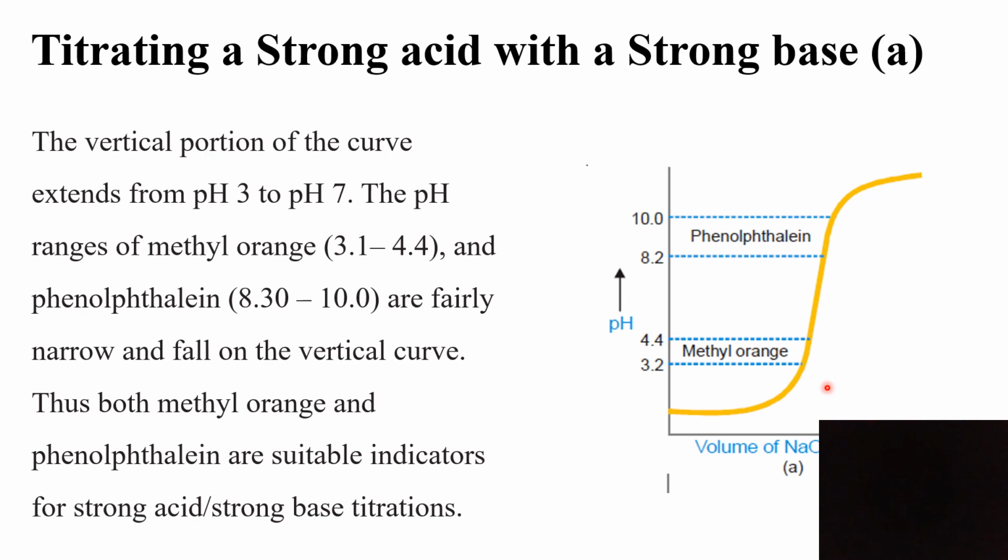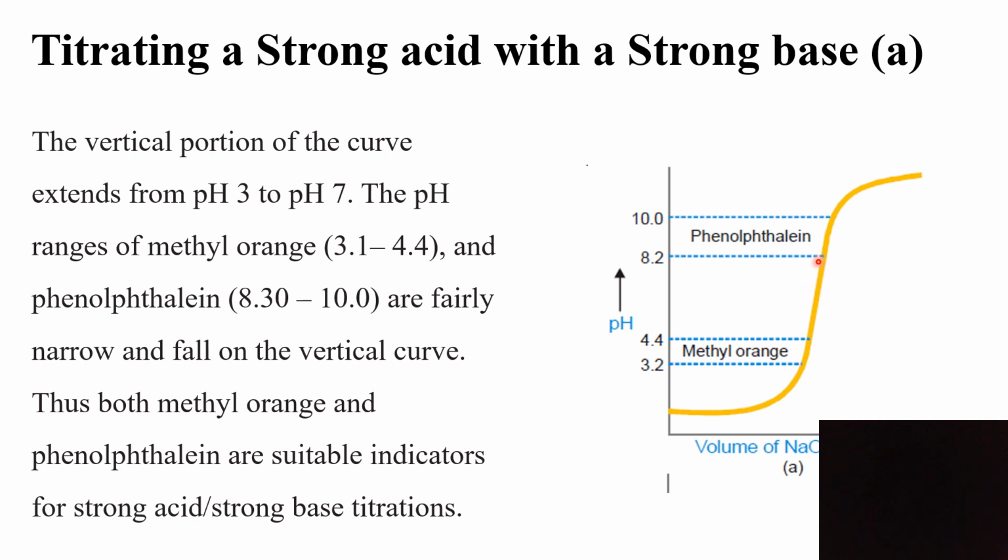Next, when sodium hydroxide is added gradually to the HCl solution, that is, the strong base is added to the strong acid solution, the pH titration curve rises slowly in the beginning. Then near the equivalence point, the pH rises dramatically and the curve becomes vertical.